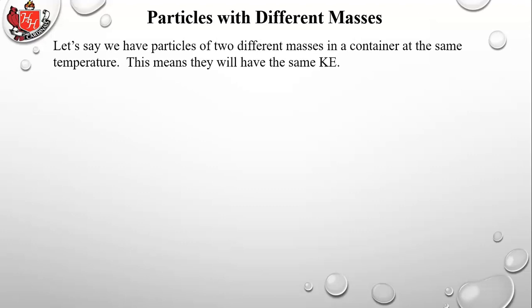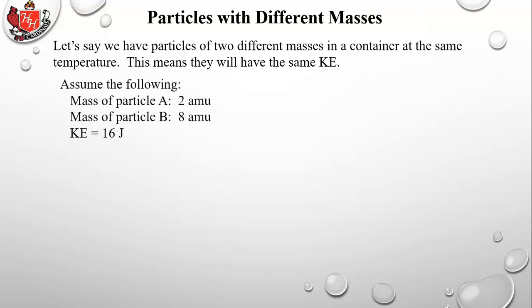So let's say we have particles of two different masses in a container at the same temperature. This means they will have the same kinetic energy. So let's just make an assumption here. We have particle A and particle B. The mass of particle A is 2 atomic mass units, and the mass of particle B is 8 atomic mass units.